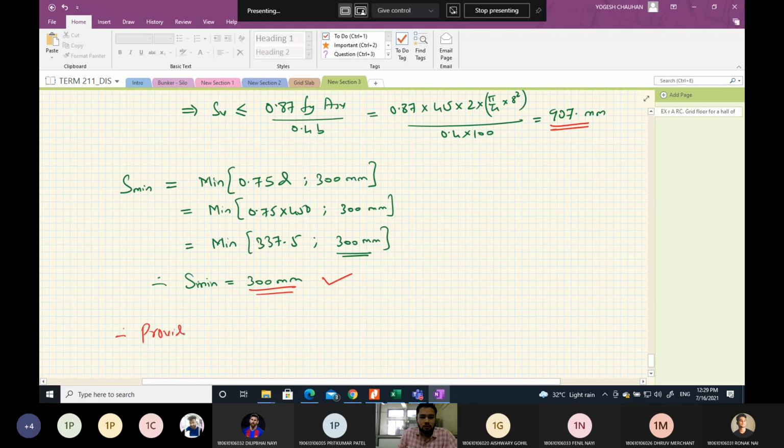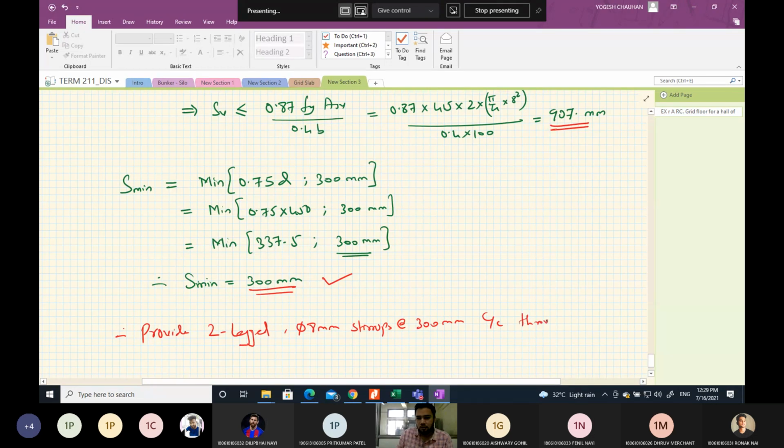So provide two-legged 8 mm stirrups at the rate 300 mm center to center for all beams.